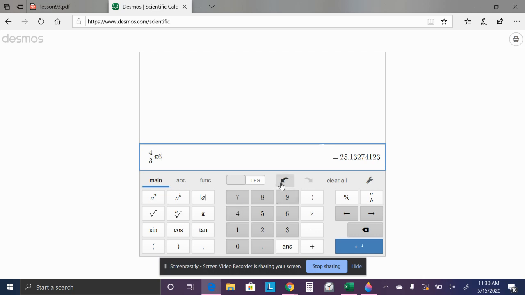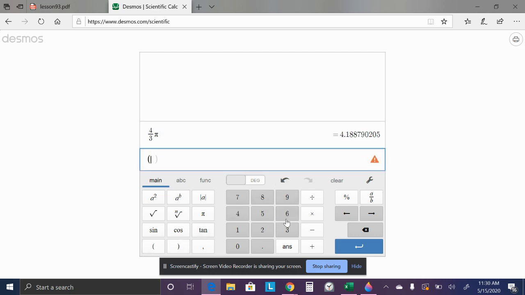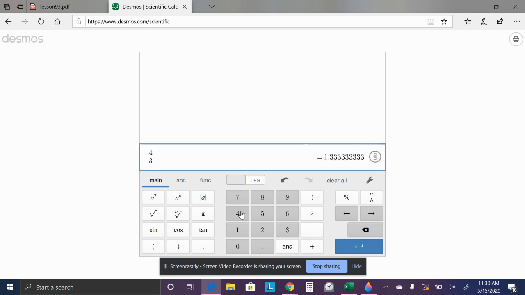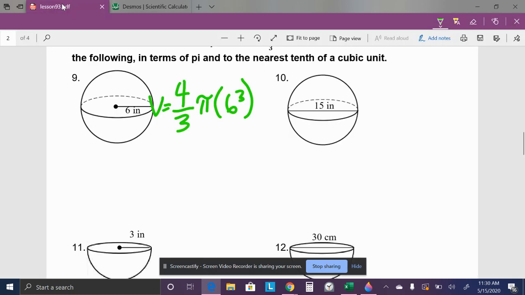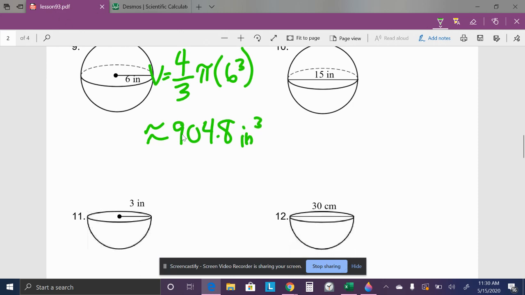Oops. Do it again. 4/3 pi 6 cubed. 904.8 inches cubed.